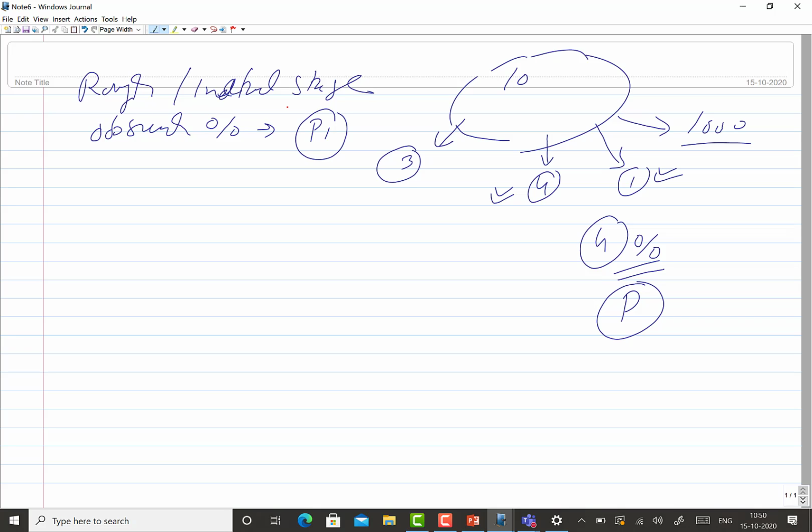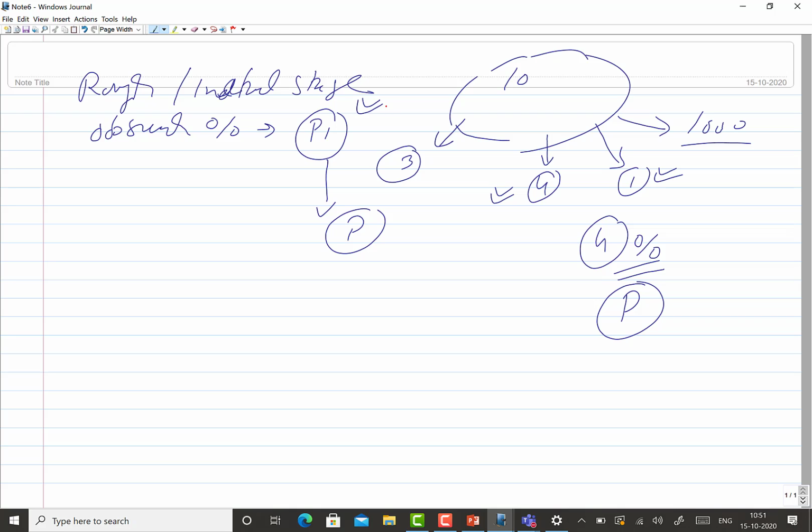P1 is the instantaneous observation percentage of a particular sample size. That is fine, but this may not be the true representative of the percentage of occurrence of the real situation over a long period of observations. So actually it is P, but initially you got P1.